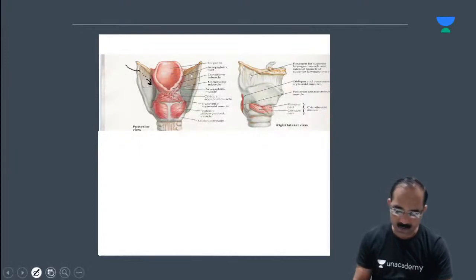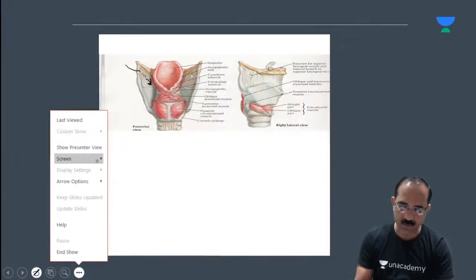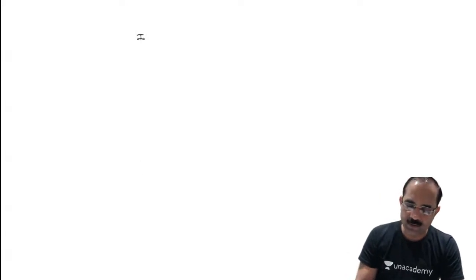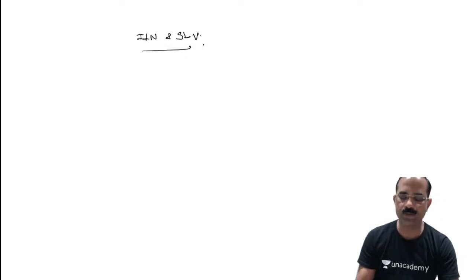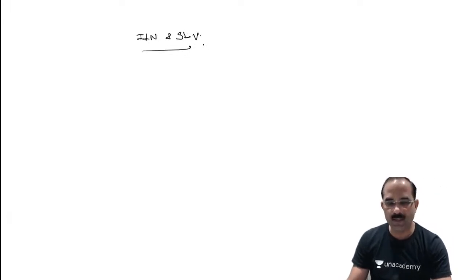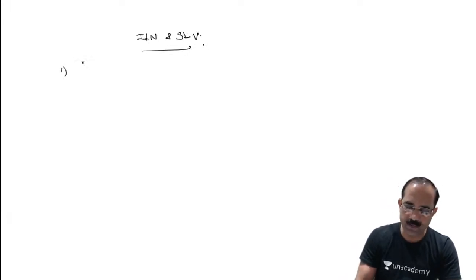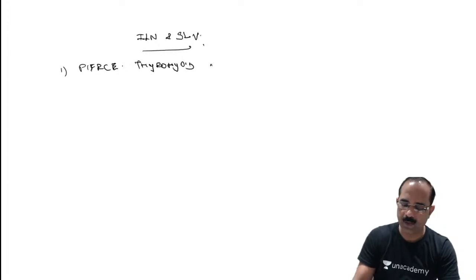I'll just mention this for you here. This is a very important thing, so I will just jot this down. Internal laryngeal nerve and the superior laryngeal vessels. First, they pierce the thyrohyoid membrane.